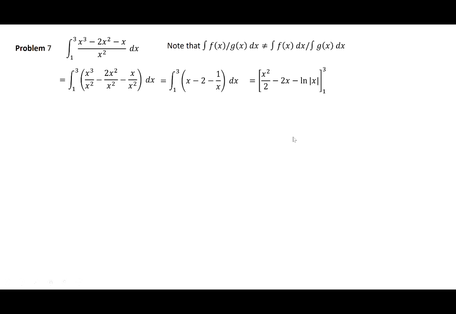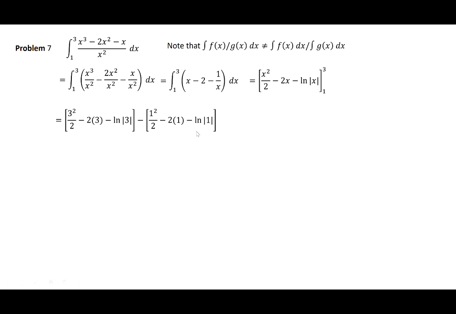Right? That's what we'll do. 3 squared over 2 minus 2 times 3 minus natural log of absolute value of 3. Oh, 3 is positive, so absolute value of 3 is just 3. So natural log of 3. Absolute value of 1 is just 1. So natural log of 1.